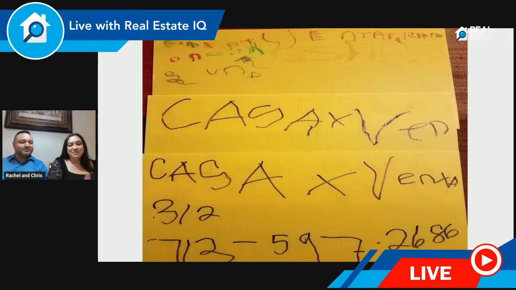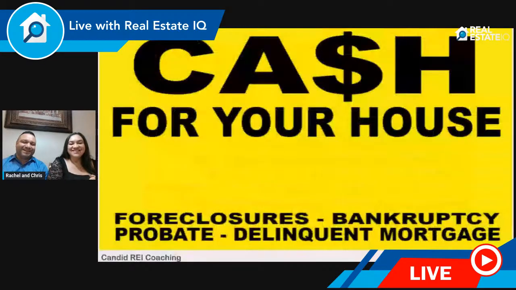So if you don't know Spanish, it says casa por venta, house for sale. And it was a 3-bedroom, 2-bathroom. And then we put up our phone number. So, but that's our little babies writing it. These are a few examples of some that you could do. Very easy: cash for your house, foreclosures, bankruptcy, probate, delinquent mortgage.